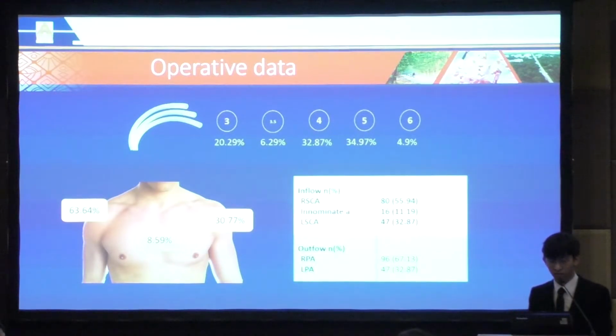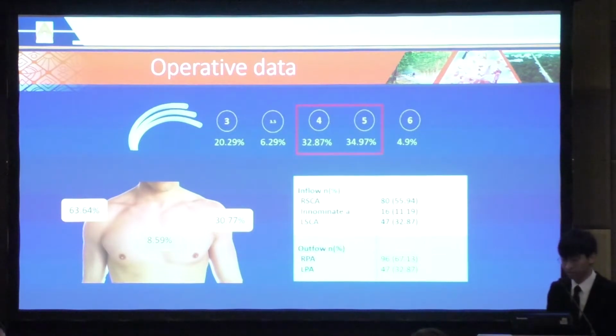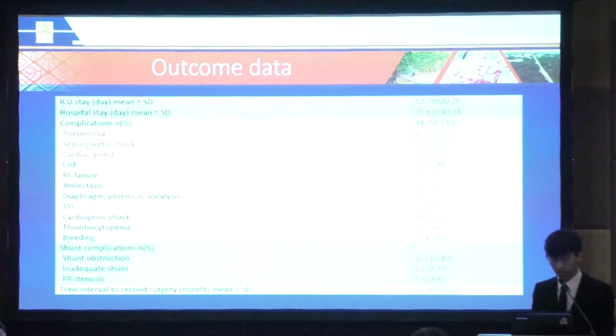The shunt size was 5 mm in 35% and 4 mm in 33%. And 64% of patients were approached by right thoracotomy. The mean ICU stay was 12 days and the mean hospital stay was 25 days.